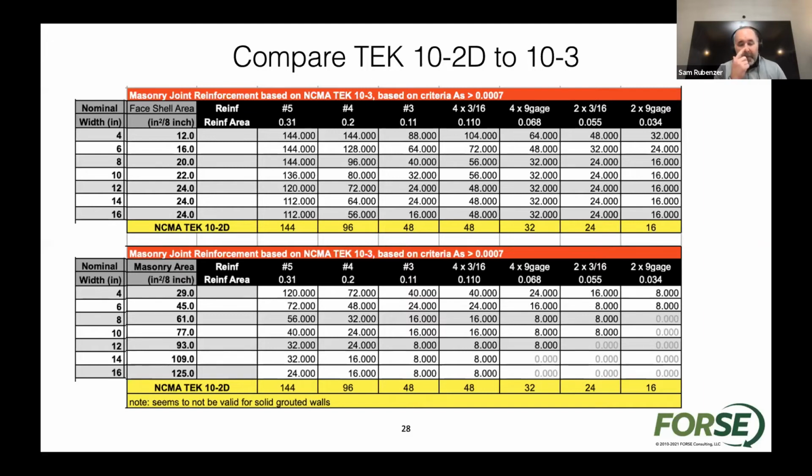I get asked the question from time to time, we're looking at maybe eliminating control joints or moving them around, and I often point back to this and say, well, if you have a fully grouted wall, you have much different requirements for horizontal reinforcement than when you have a partially grouted or unreinforced and ungrouted wall.